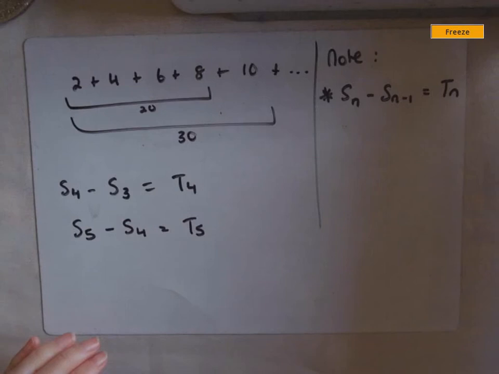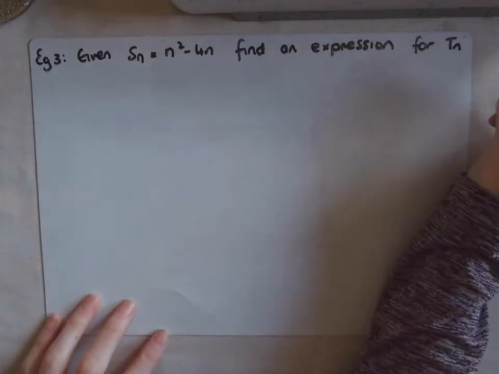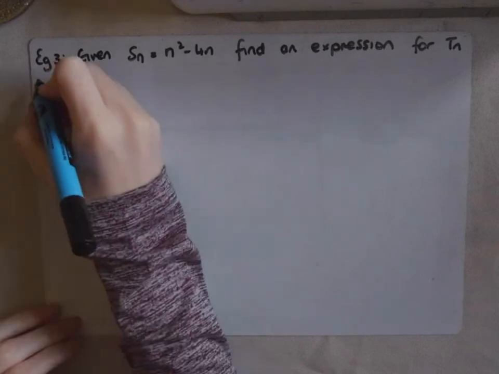Can I get rid of the board? Okay. Given that Sn is n squared minus 4n, find an expression for Tn.